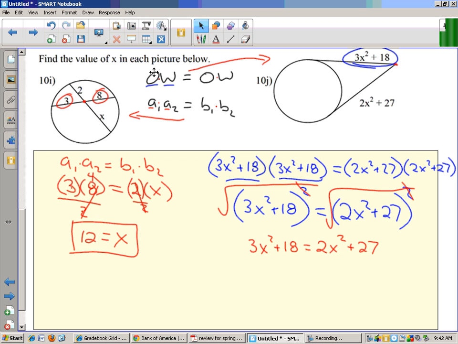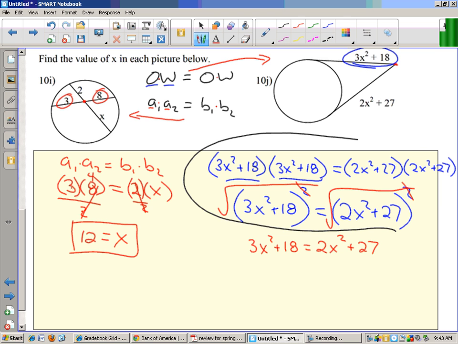Now, I'm going to go ahead and tell you this works every single time, even though we've already talked about this. With two tangents like these are, they are tangents because they only hit the circle once. With two tangents, look at this bottom equation and look at the picture and tell me what you would tell somebody in shorthand. What would you do with this picture to get that bottom equation? If you wanted to skip all of this right here, what would you tell somebody to do?